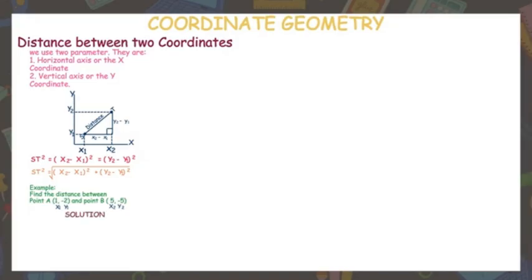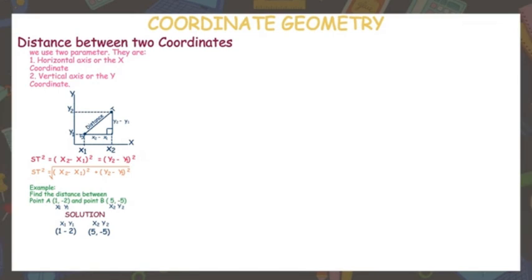From here, our 1 and minus 2, we have it as x1, y1. Here, we have 5, minus 5, and then we have it as x2, y2.